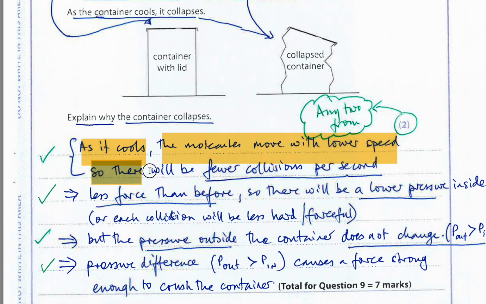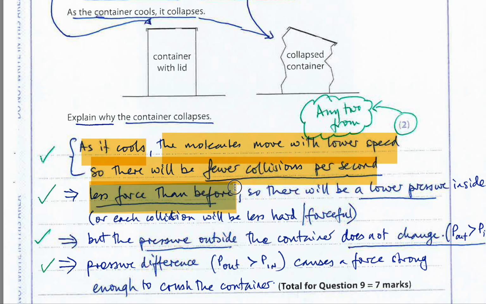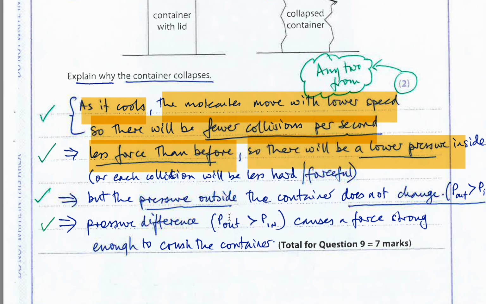So there will be fewer collisions per second. That's the point that's underlined, the crucial point. This means less force than before. So there will be a lower pressure inside, because each molecule will produce less force. The collisions will be less forceful, okay?